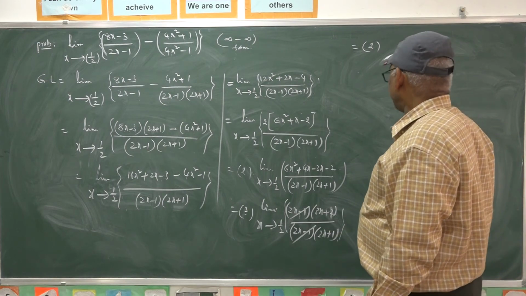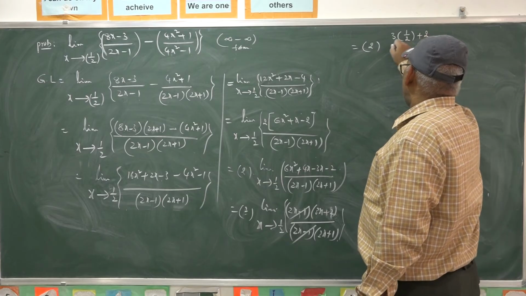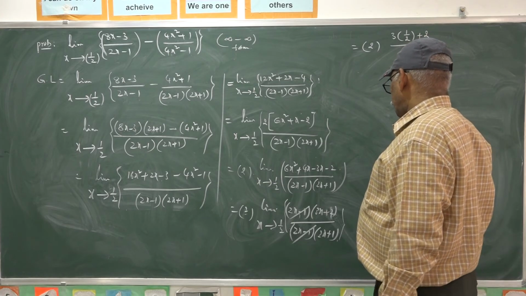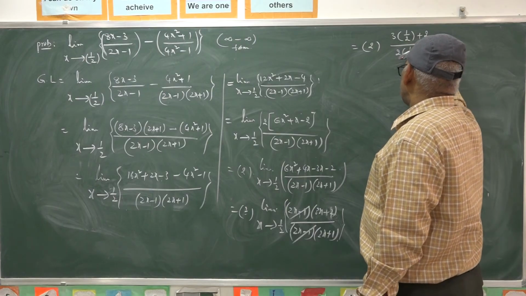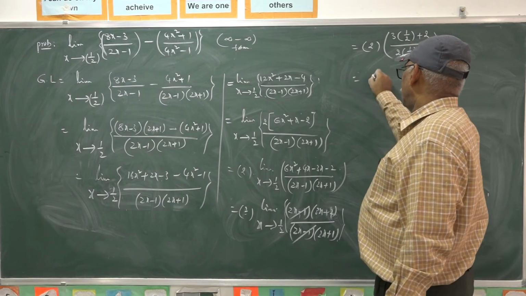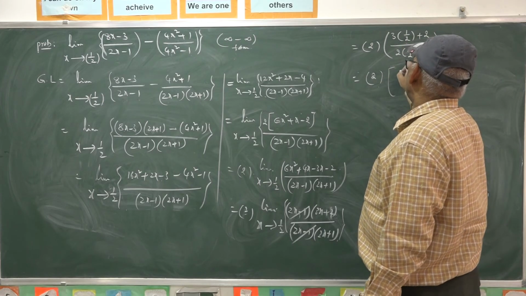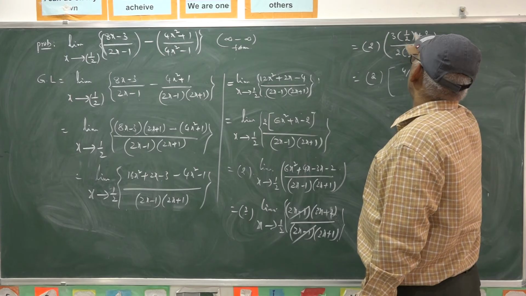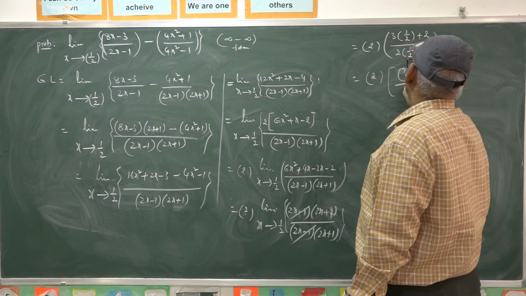Now apply the limit. By applying the limit in the remaining function, we get 3 into 1 by 2 plus 2, by 2 into 1 by 2 plus 1, which gives us a finite value itself. So twice that of 3 by 2 plus 2, 3 plus 4 by 2, 3 plus 4 is 7, 7 by 2 by 2.